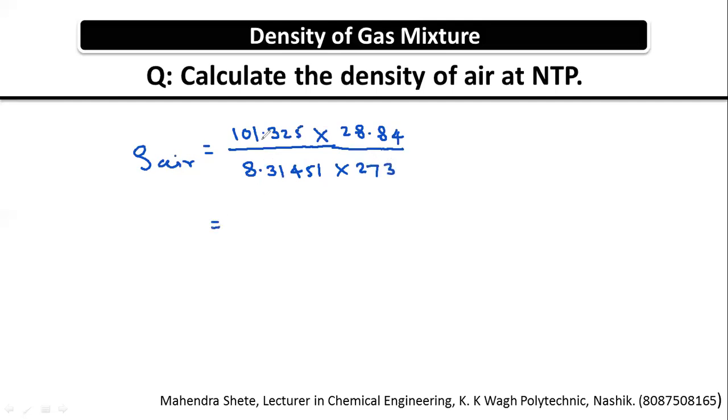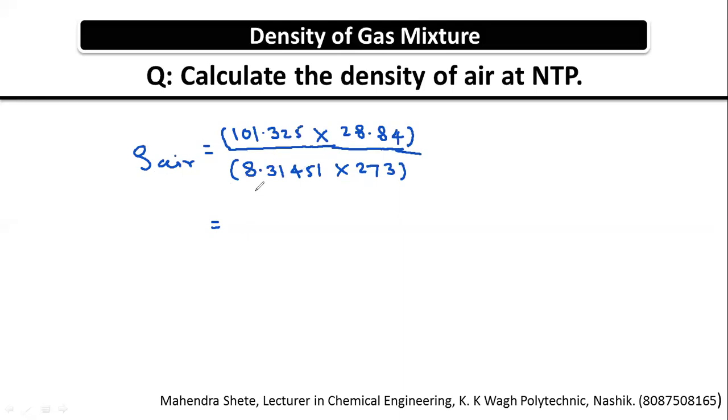For calculation purpose, in a calculator you should first calculate the numerator value, and after that the denominator value, and then divide numerator by denominator, and your answer will be correct.